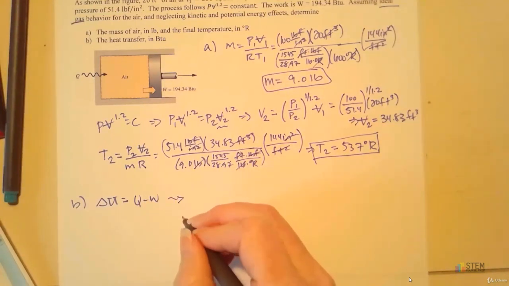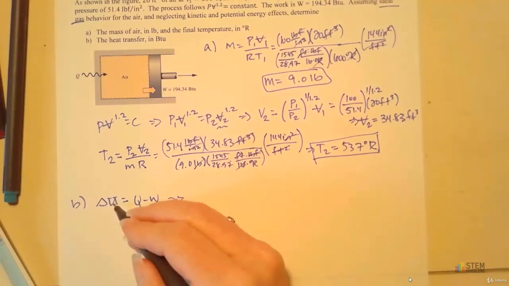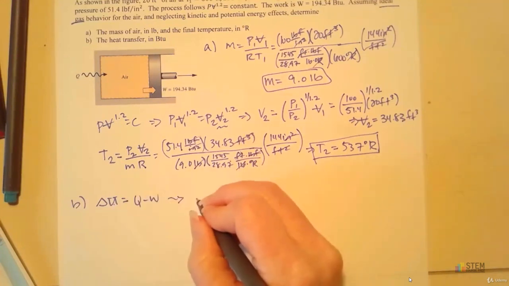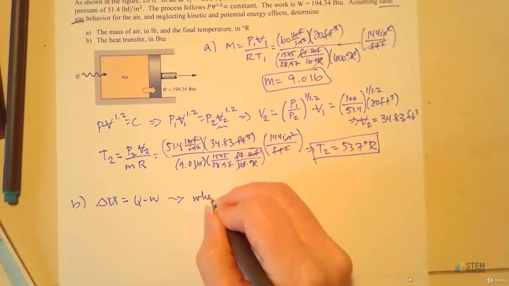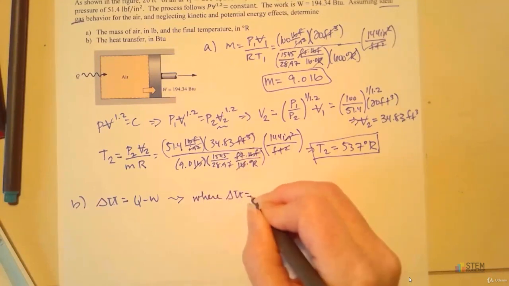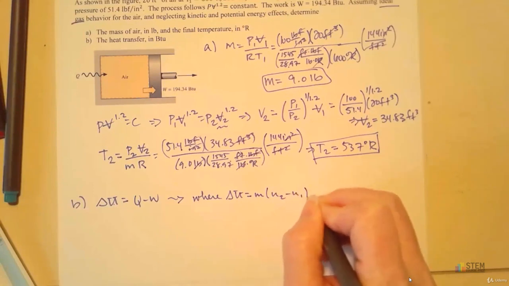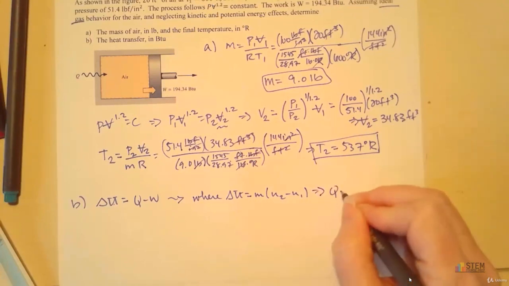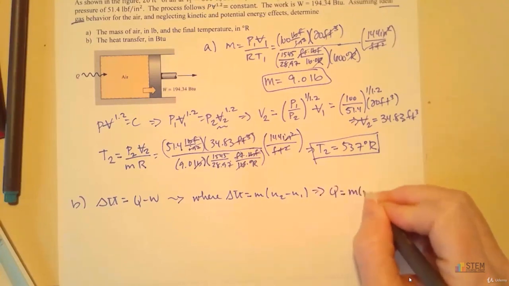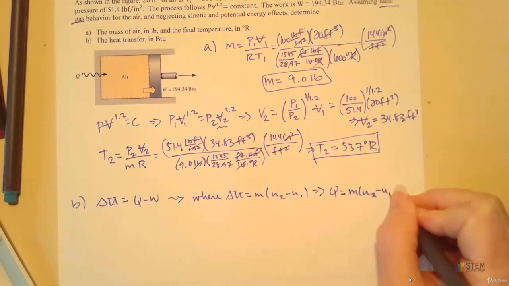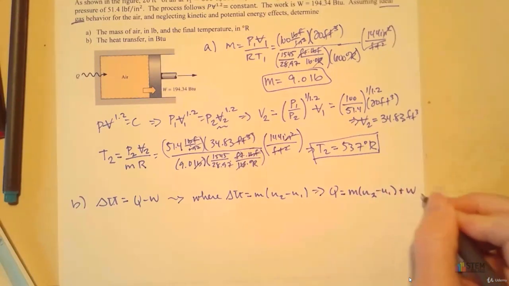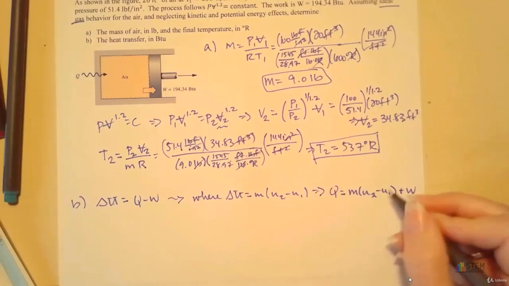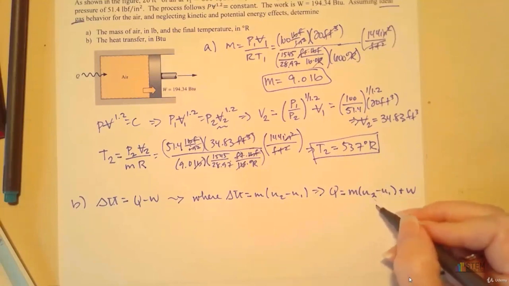Now, we got to use the table here. So we need specific internal energy, so let's rewrite that. Remember, delta U then is going to be M times U2 minus U1. These are the little u's. These will be the ones found in the table. Then that gives us Q equals M times U2 minus U1 plus work. Now for these two, you're going to go to the table. You're going to use your temperature that you have.